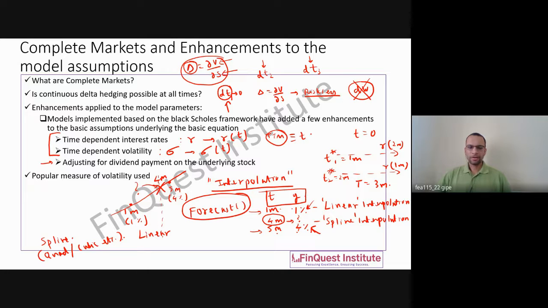Okay. So again, could anyone guess what could be the advantage of using a quadratic or maybe a cubic over linear? So what's the advantage of these things over a simple linear function?